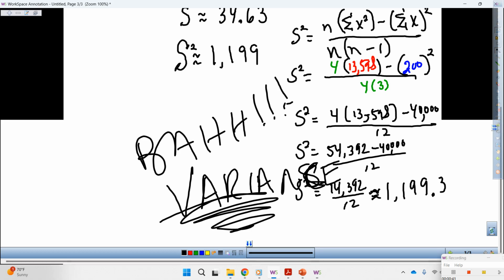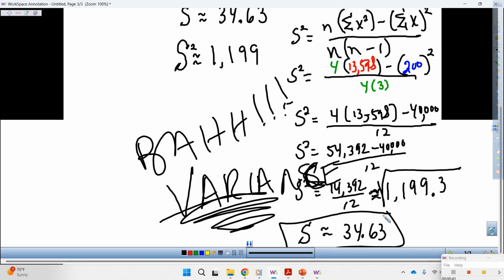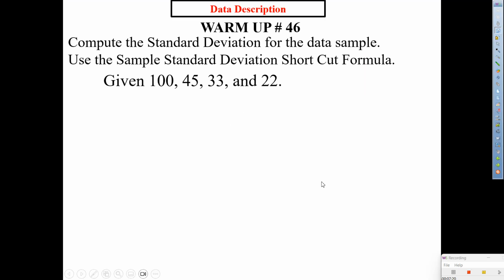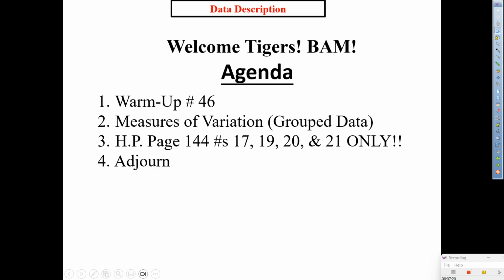All right, so standard deviation, just the s by itself. We take the square root of 1,199.3, and that gives us 34.63. Hands, have you got that? All right, send that in, please. And copy the agenda.